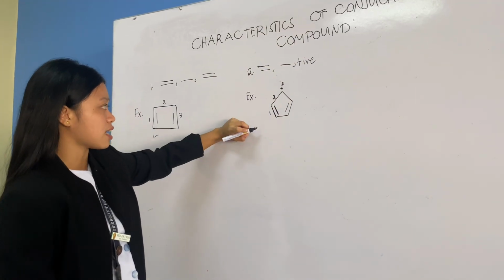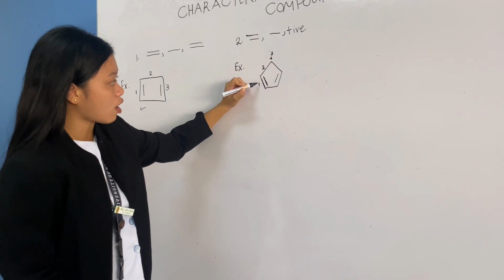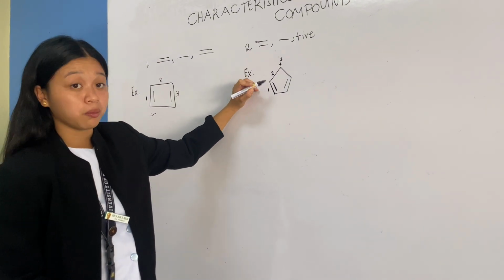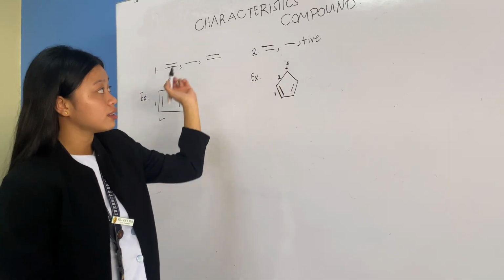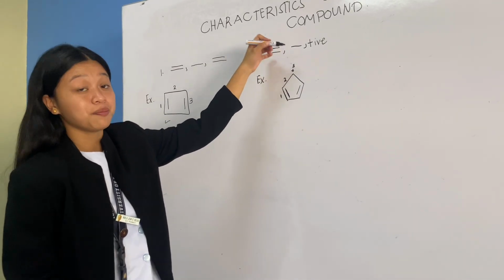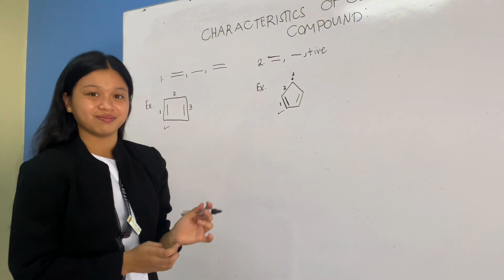In the example, we start numbering here: number 1 contains a double bond, number 2 contains a single bond, and the third contains a positive charge. So it is a conjugated compound.